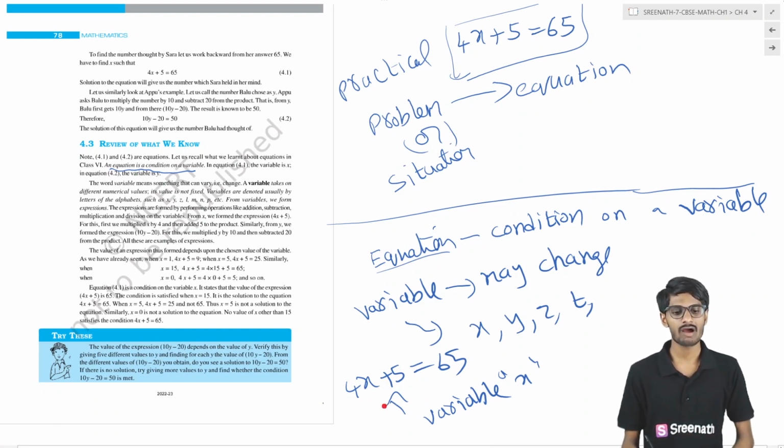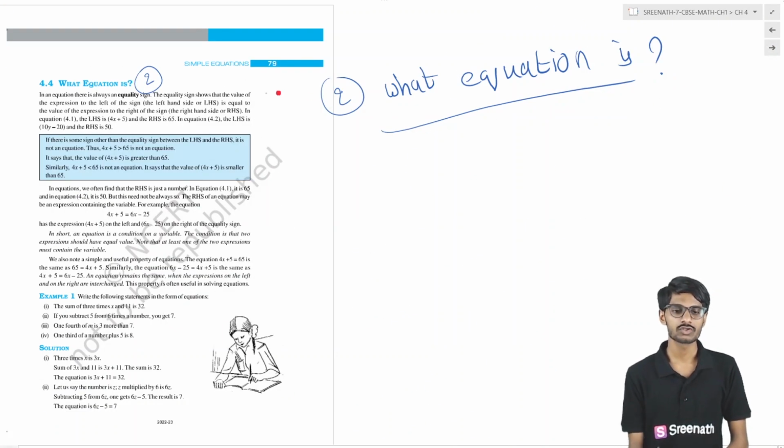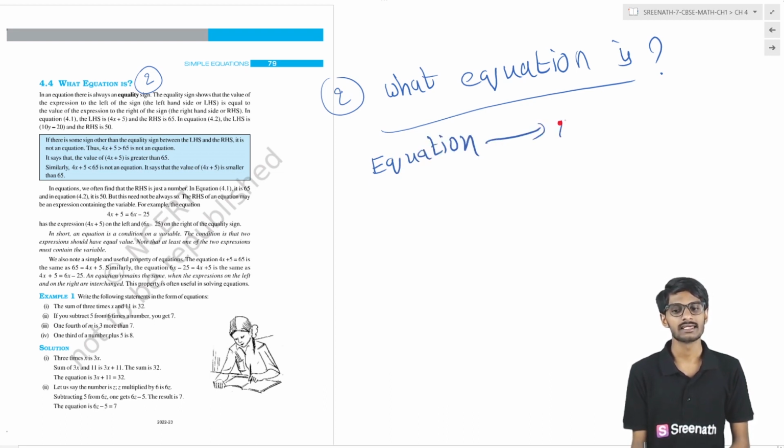That is what we have learned in our previous classes, and how to solve those equations we are going to learn now. Now we are going to learn our present topic, what an equation is. In an equation there is always an equality sign.